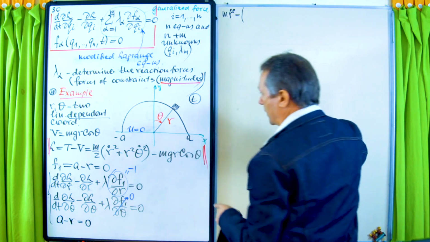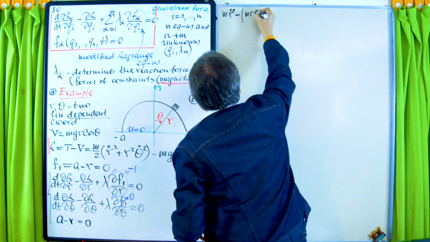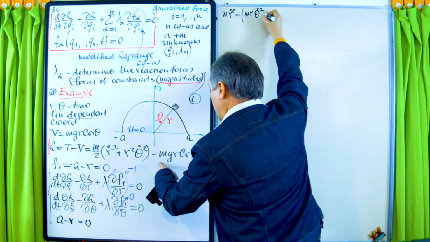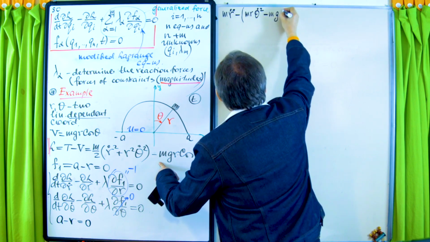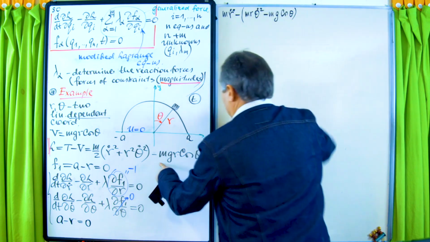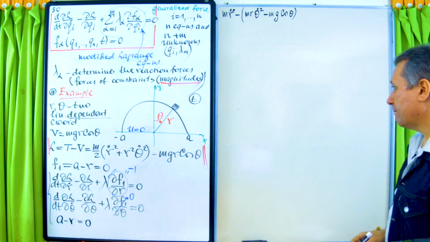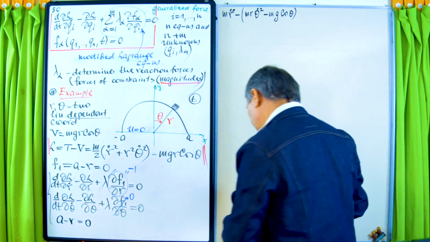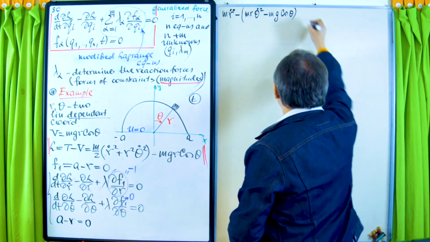So it will be m r theta dot squared, and then minus mg cosine theta. And that's lambda. I will move it to the other side.